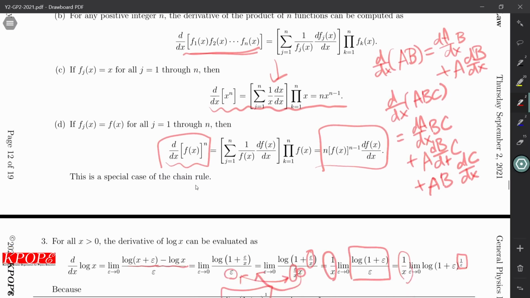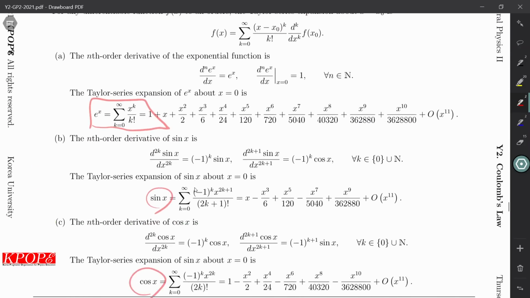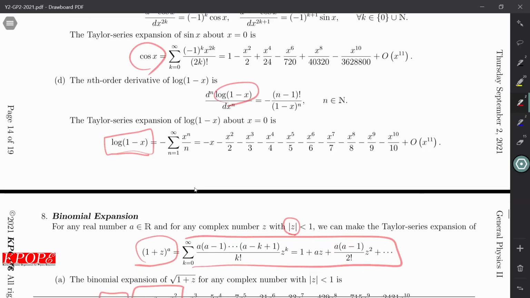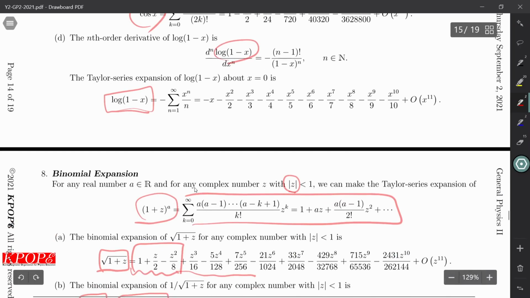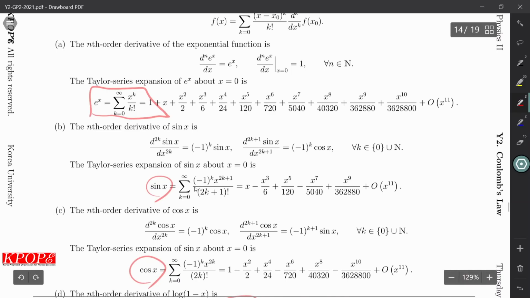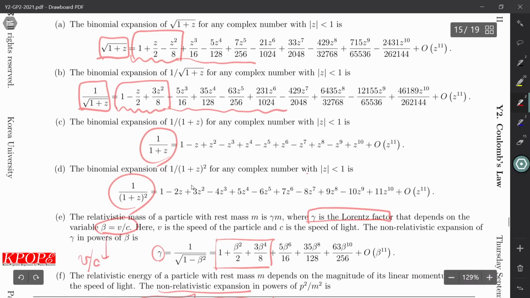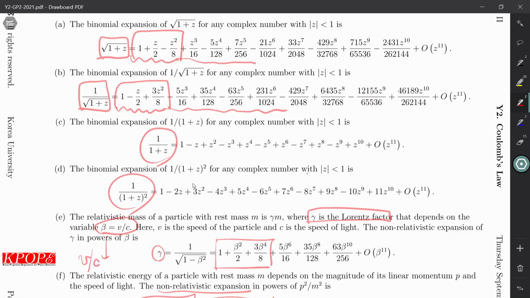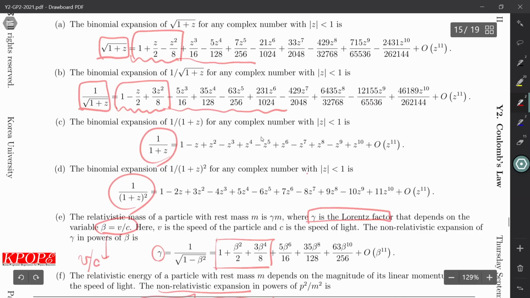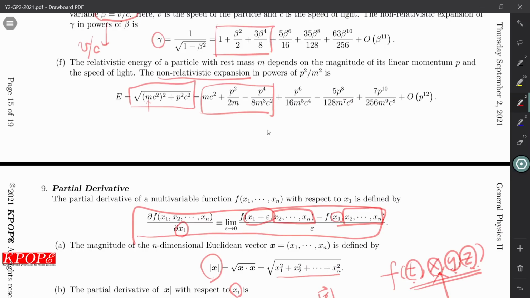Derivative of the exponential function, log function, and polynomial function, applying the chain rule, and Taylor series expansion. Applying the Taylor series expansion to exponential, cosine, sine, log 1 minus x, and polynomial functions, and a function with a power, which is always replaced with the logarithmic function, and applying this method to find the binomial expansion.